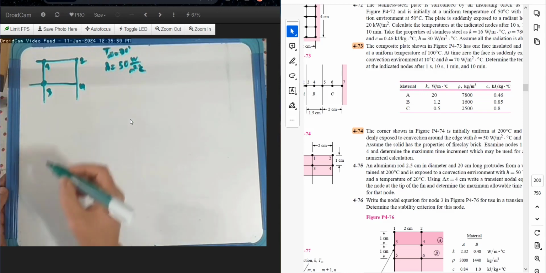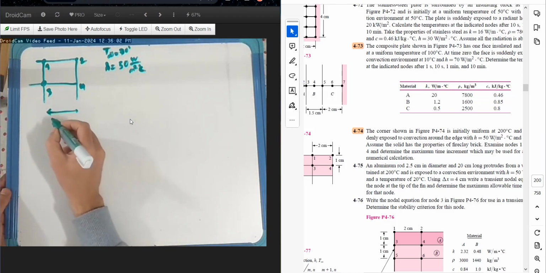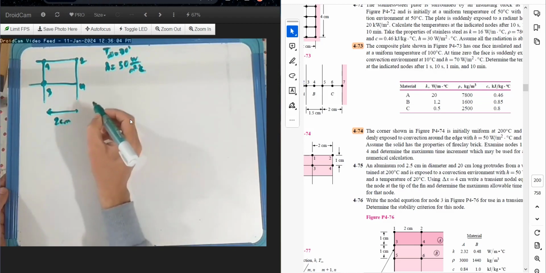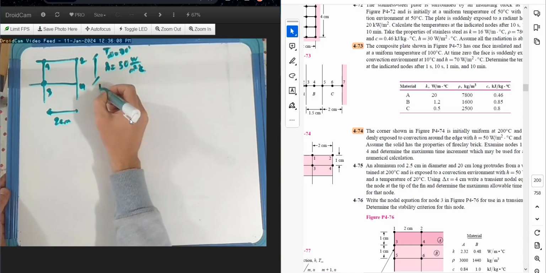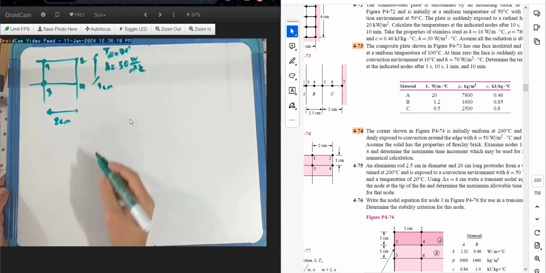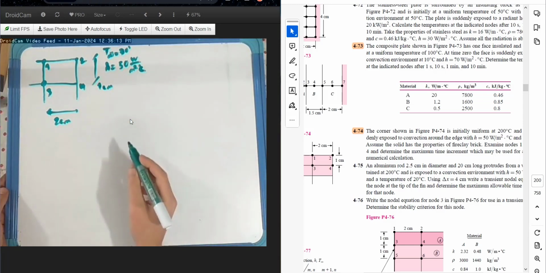This distance is 2 centimeters, and this one is 1 centimeter, as you can see in the picture of problem 74.